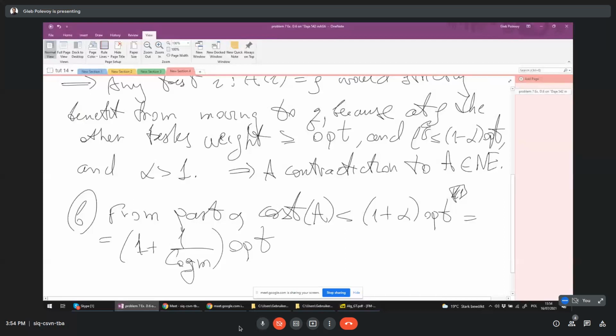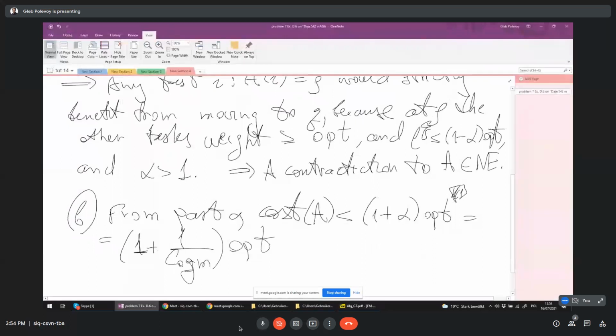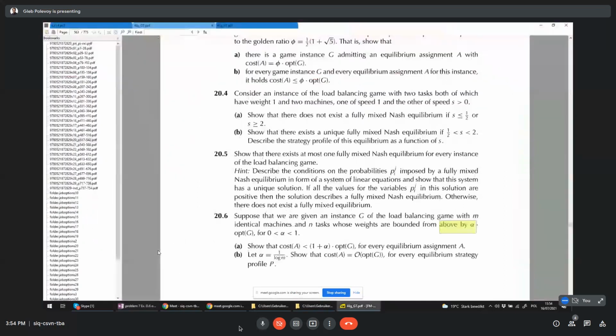I think that's already right. It's immediate, because 1 over log m is some constant. M, of course, has to be greater than 1, otherwise it would not even be defined. So we assume that m is greater than 1 by writing this expression.